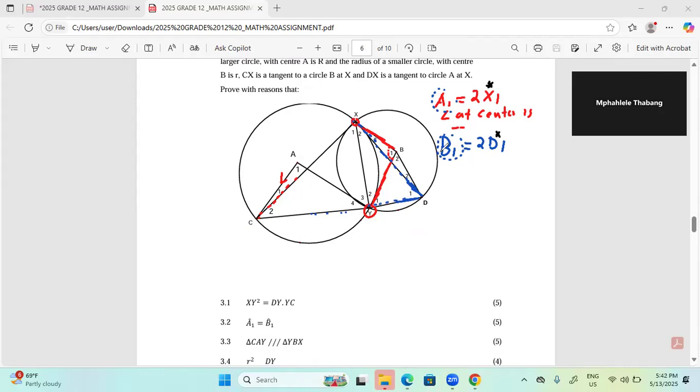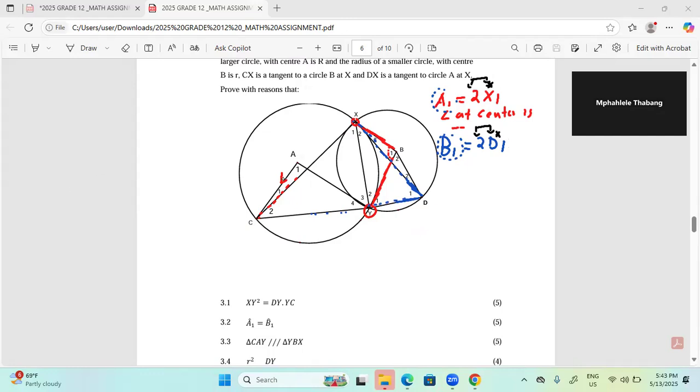Imagine X1 being 30. How much is going to be A1? It's going to be 2 times 30, which is 60. And imagine D1 being 30. What is going to be B1? It's going to be 2 times D1, which is 60. So for A1 and B1 to be equal, X1 and D1 need to be equal. So let's check, are X1 and D1 equal?